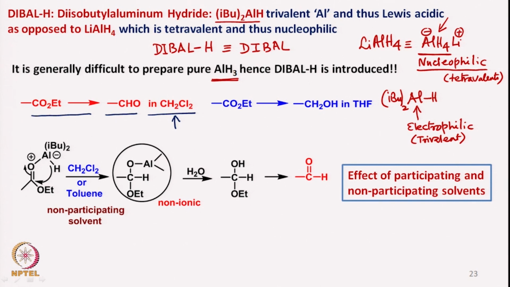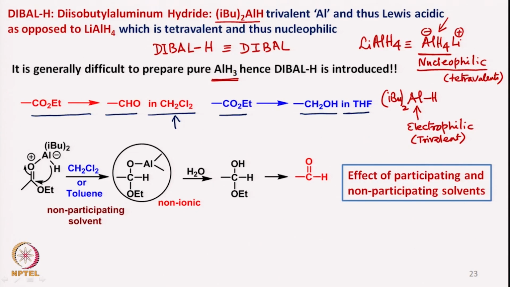On the other hand, if one takes the ester and reacts it with DIBAL in THF, for example, then the alcohol is formed and it is difficult to stop the reaction at the aldehyde stage. So there are two different conditions.